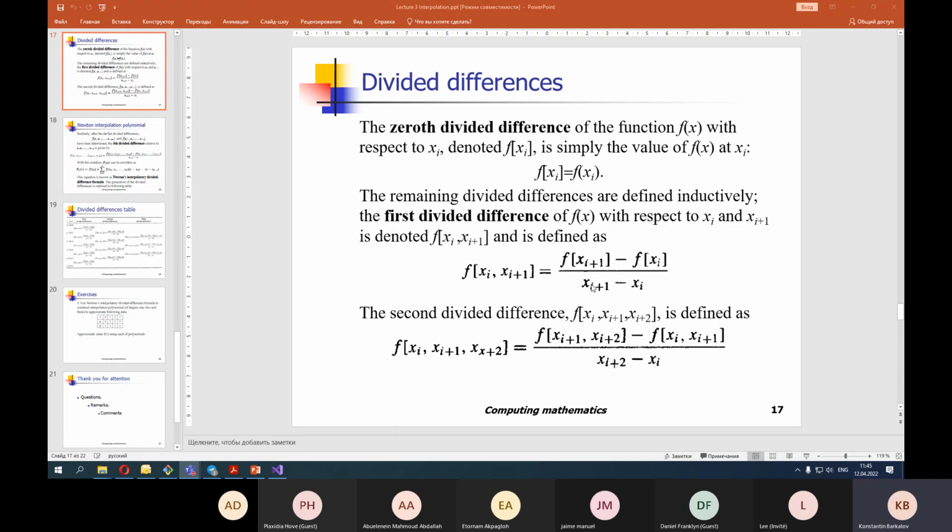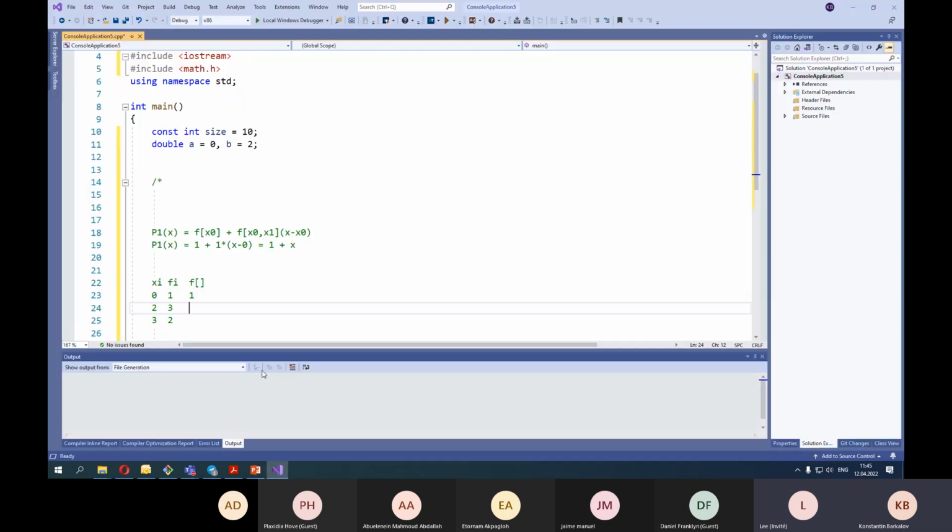Difference of f over difference of x's. The formula is very simple. Difference of f over difference of x. What is the result?